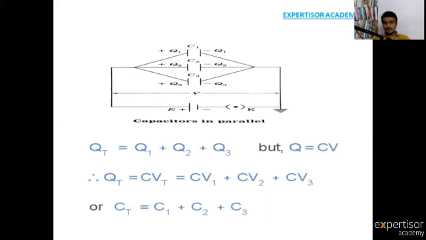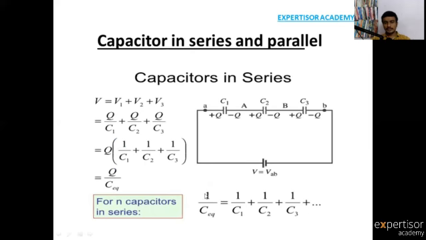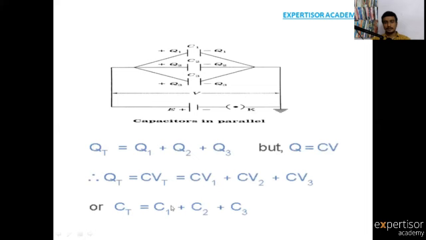So in series combination, the reciprocal sum of the individual capacitances of the capacitors must be equal to the reciprocal of the equivalent capacitance. But in parallel combination, the direct sum of the different capacitors must be equal to total capacitance.